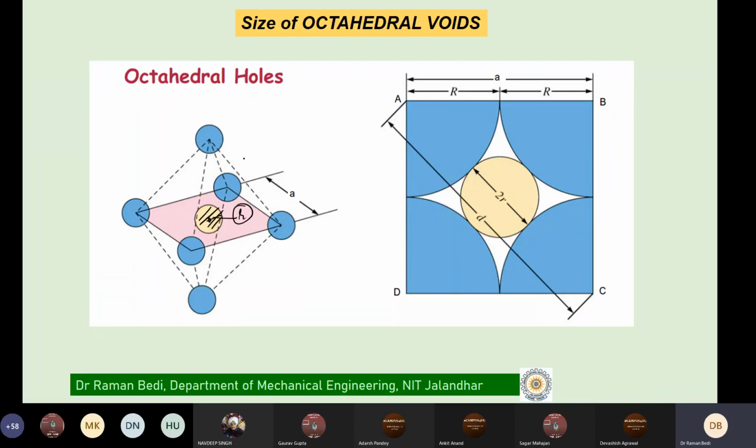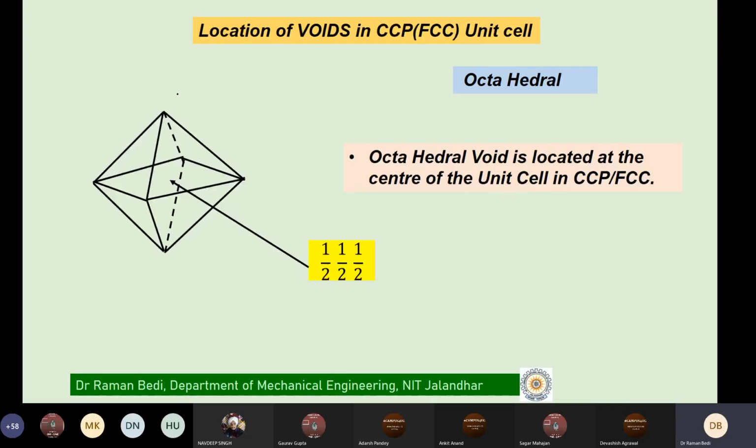Although in this figure all atoms are shown with the same radius, these are having a larger radius. And this figure explains the same thing which we just saw in our previous slide, that this is where the octahedral void is located.